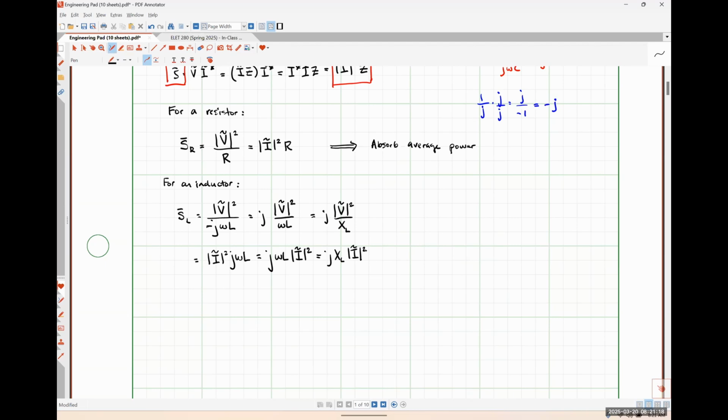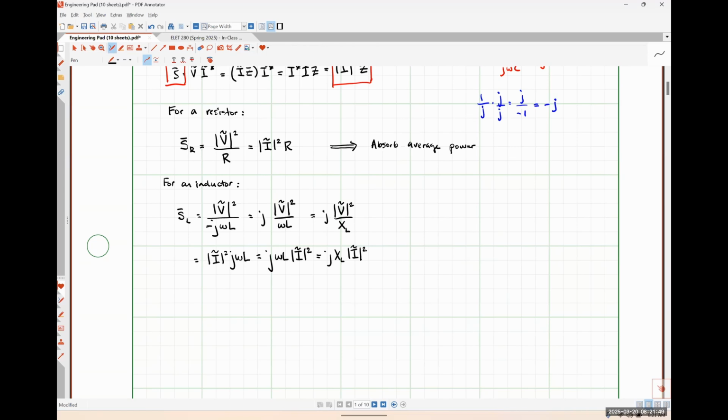First thing I can notice is that I'm always going to get a positive result, because XL should always be positive. And whenever I square my voltage or square my current, that's always going to be a positive number as well. So it's always positive, but it's also always imaginary because there's a factor of J out in front. So my complex power has no real part. It only has a positive imaginary part.